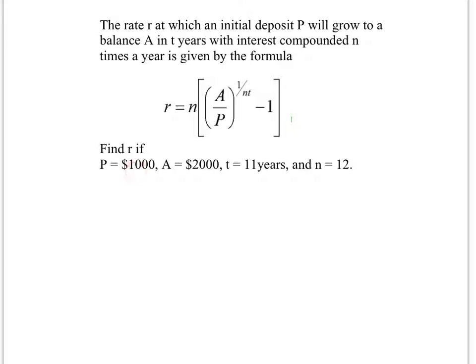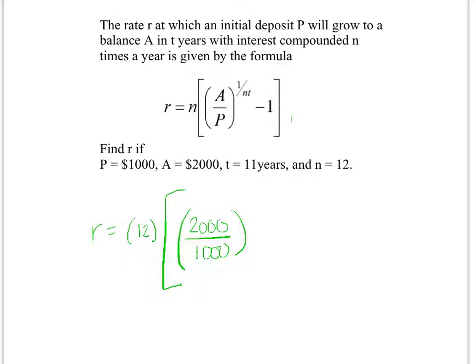So I'm going to take these things, plug them in where I know they go, and then see what I can do with that. So we have R equals, N is 12, A is 2,000, P is 1,000, to the 1 over, N is 12, and T is 11, minus 1.